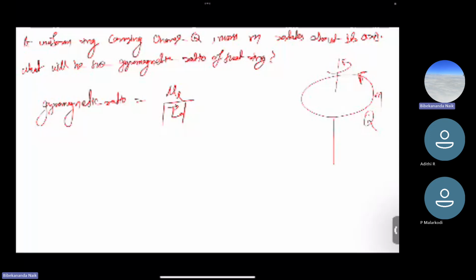Yes, what will be the gyromagnetic ratio? If we solve it, we will follow the same approach that we discussed in the first question of today's session. So the magnetic moment mu is current into area, I into A. Current is charge into frequency, and frequency is the velocity over the circumference.